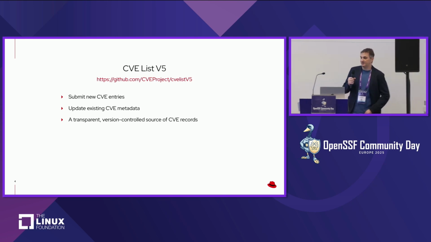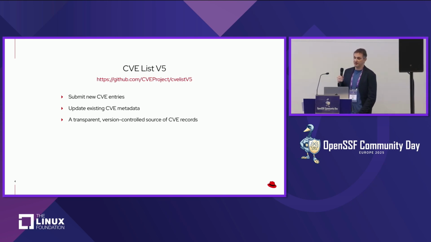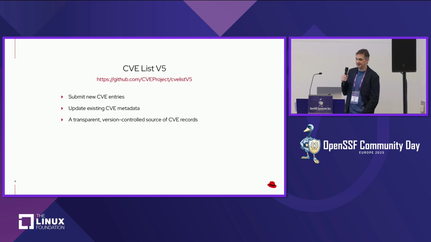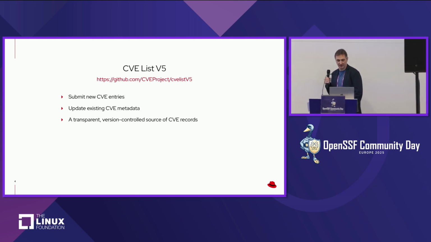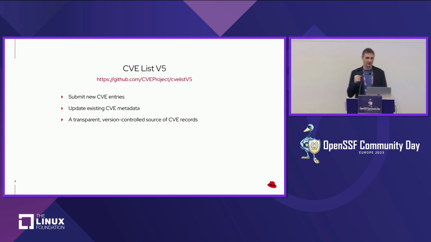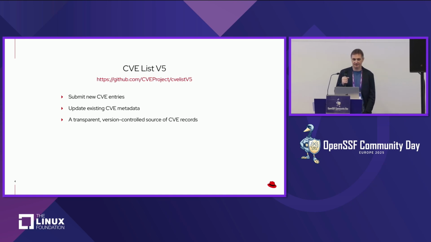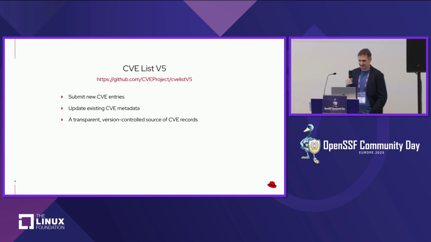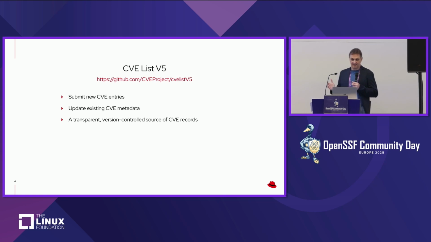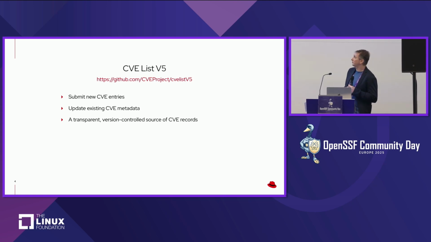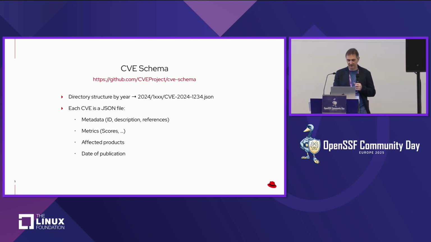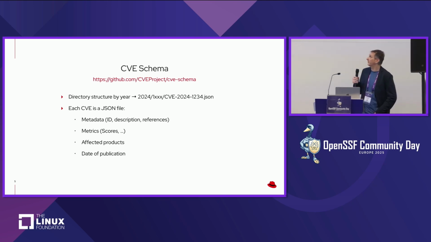Today, the CVE project has its own CVE list GitHub, which is super useful. That's where all the vulnerabilities eventually are submitted as different files. And it's transparent, it's version controlled, and it provides a very good source for other tools.